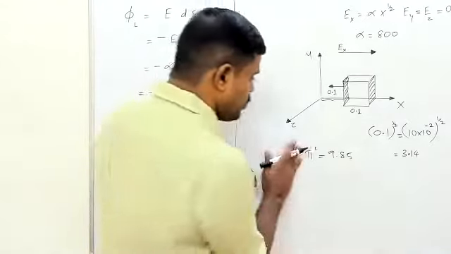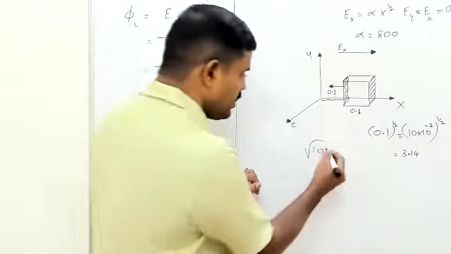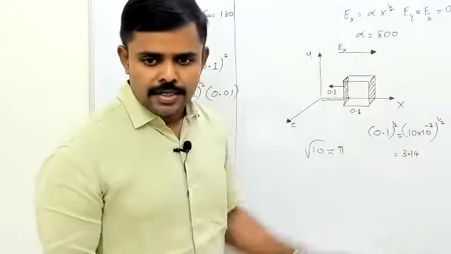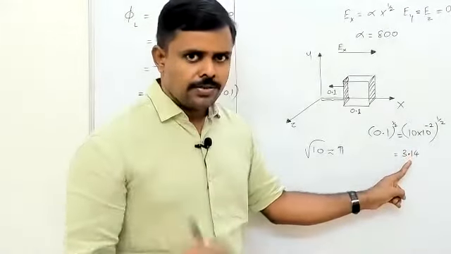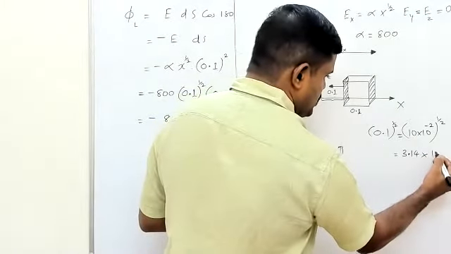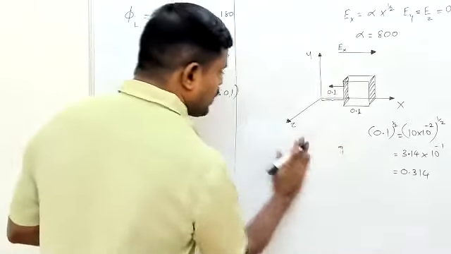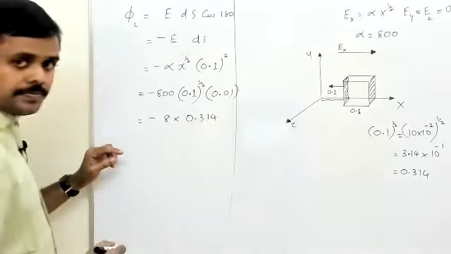Or when you see root of 10, it is roughly the pi value, 3.14. So 10 raised to half is 3.14, and 10 power minus 2 raised to half is 10 power minus 1. So that is 0.314.